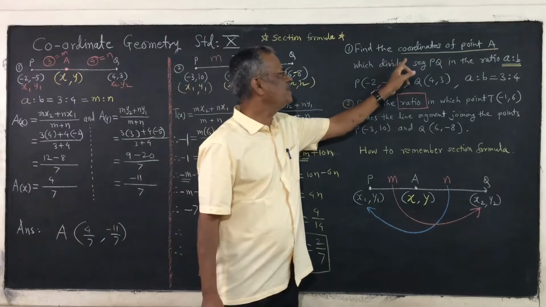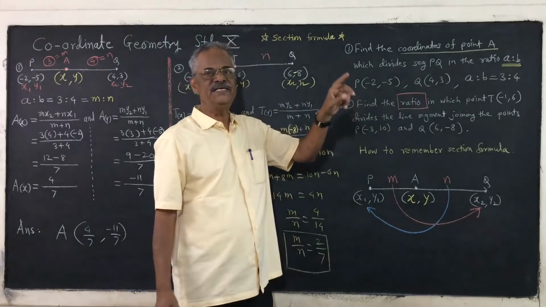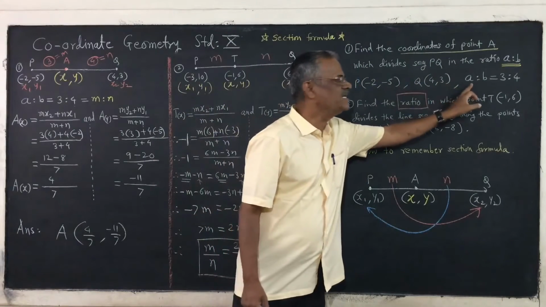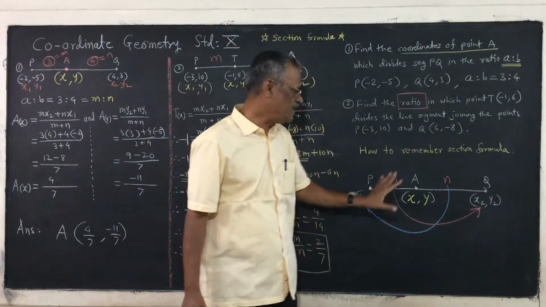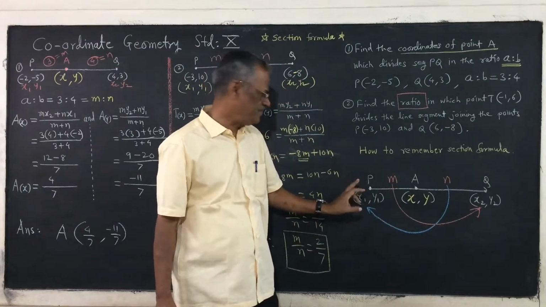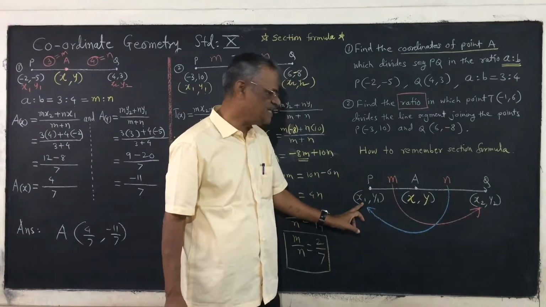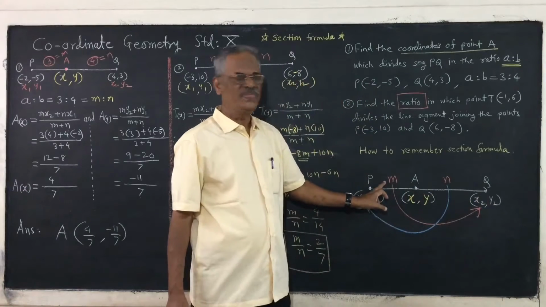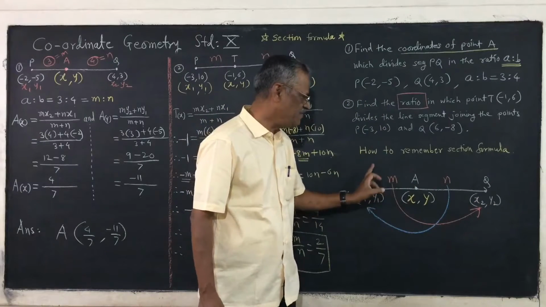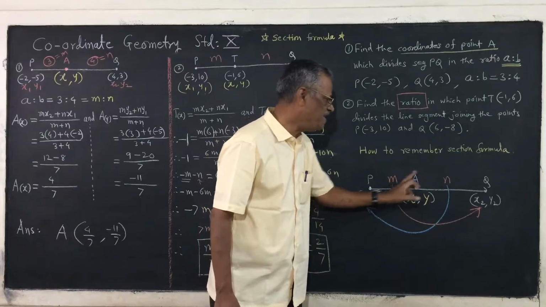What is that example? Find out coordinates of a point which is dividing the segment PQ in the ratio A is to B. So to use this formula, try to remember this diagram. If P and Q are the endpoints there and the coordinates are x1, y1 and x2, y2, and a point is dividing the segment PQ in the ratio m is to n.